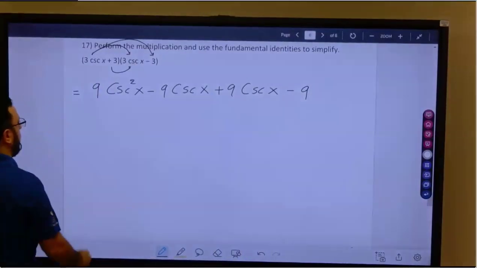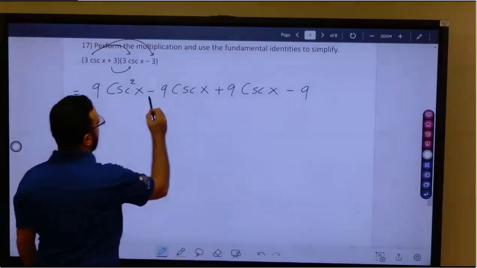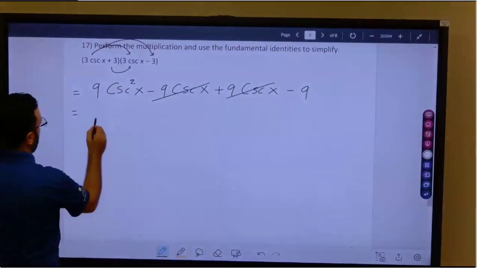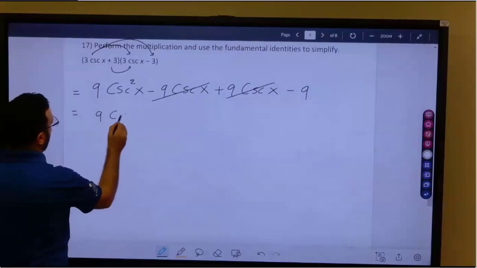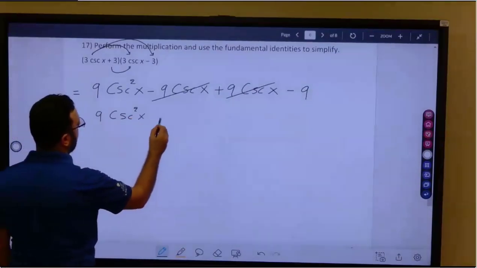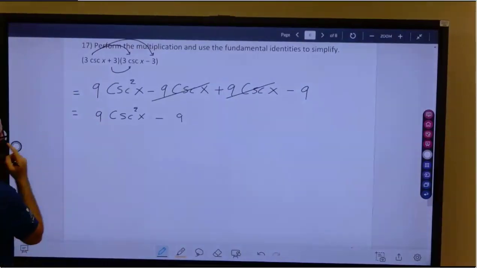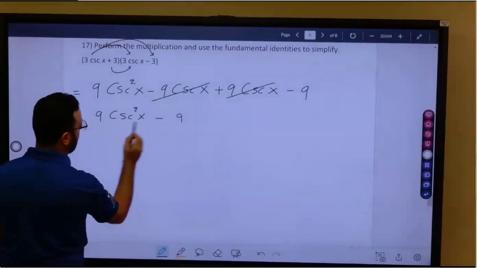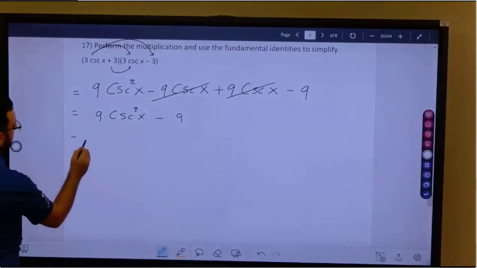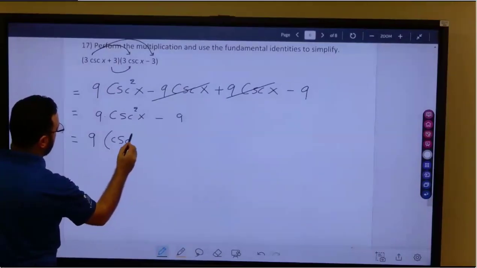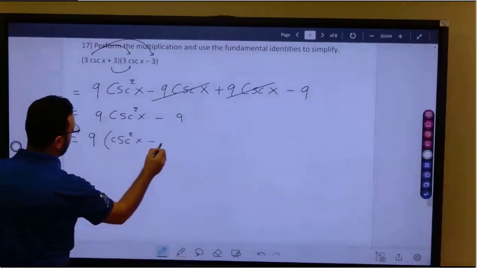Now if you look here, I can combine those terms. This one with this one is going to be 0. What is left is 9 cosecant squared x minus 9. Then can I simplify more? Yes, because I have 9 times cosecant squared minus 9. So I can factor out 9, and what is left is cosecant squared x minus 1.